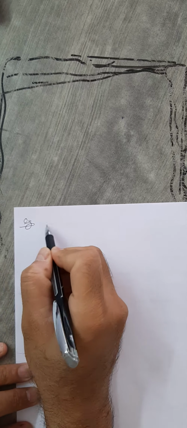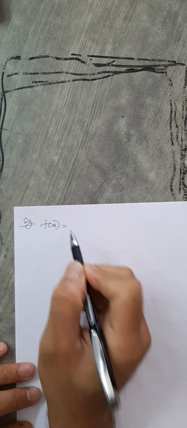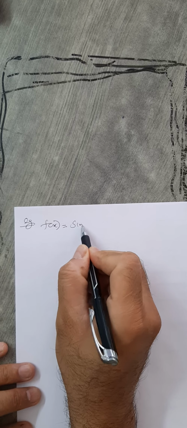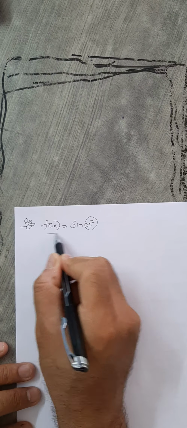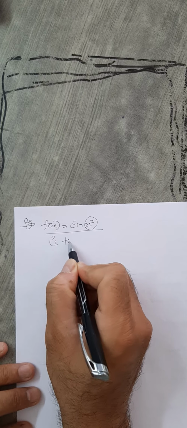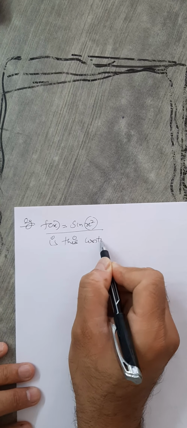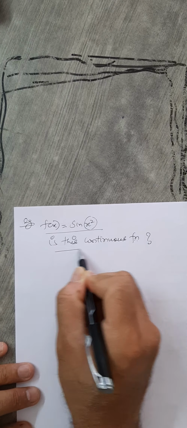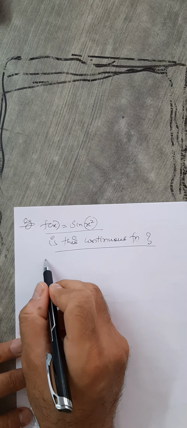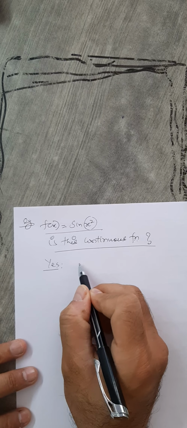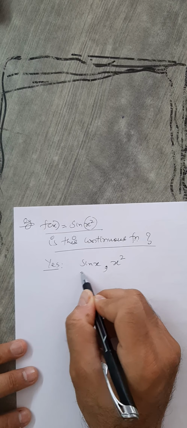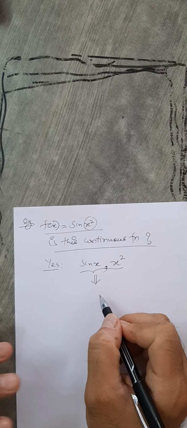For example, I'll take one function, f(x) equals sine of x square. The question is, is this a continuous function? The answer is yes. Why? Because here one function is sine x, the other function is x square, and you compose them.